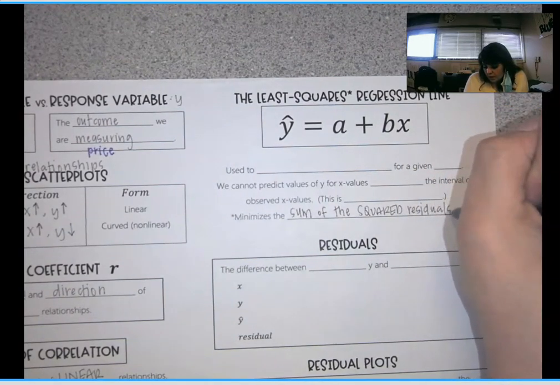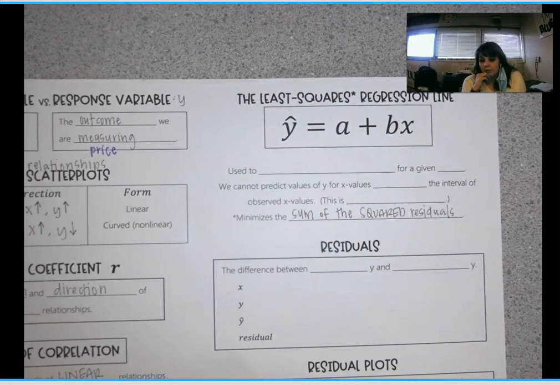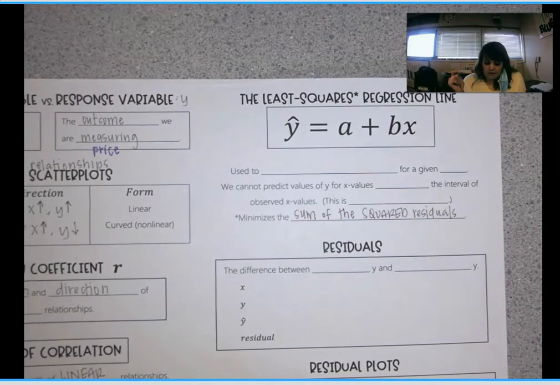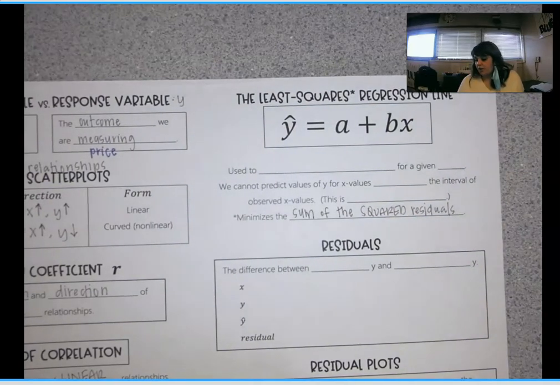So we talked about some properties of the least squares regression line. This was one of them. It minimizes the sum of the squared residuals. The other one is that it includes the point mean of X, comma, mean of Y. And then the last one was that formula that you could use to find the least squares regression line.